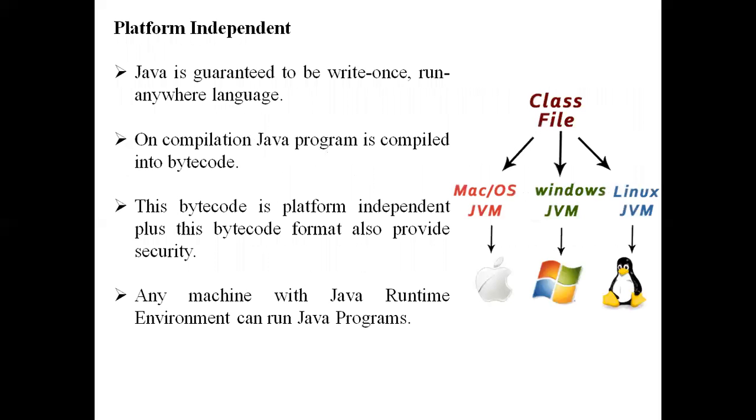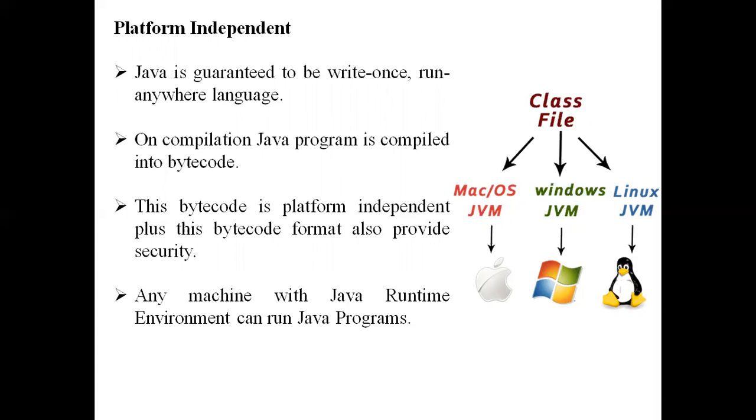Let us move with another feature, platform independent. Java is guaranteed to be a write once, run anywhere language. On compilation, a Java program will be compiled and converted into bytecode. This bytecode can be executed on any operating system which has a Java runtime environment. If you consider this example, this is a class file, and after compilation it gives a bytecode.